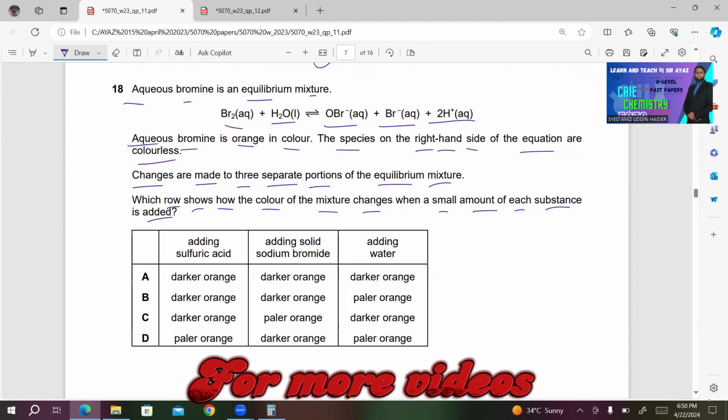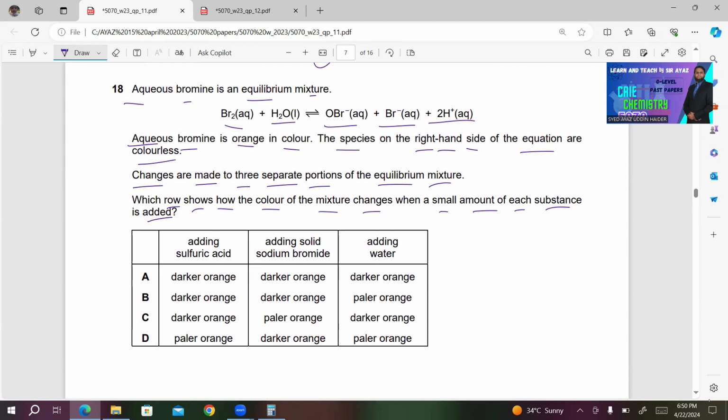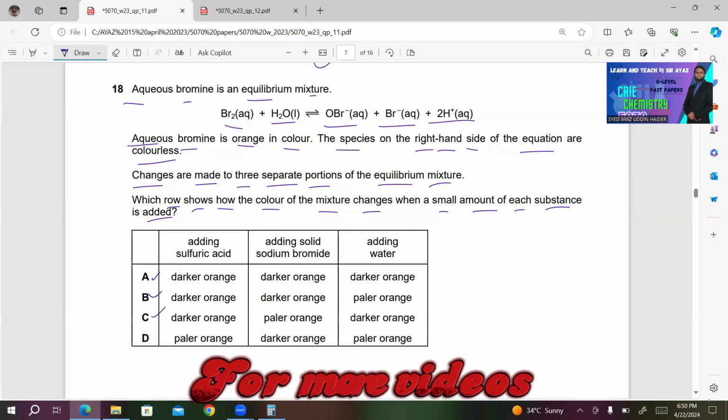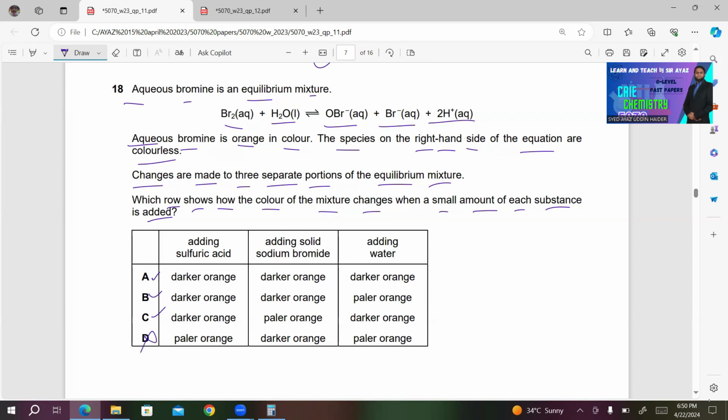So if you add sulfuric acid, what will happen? You are adding acid, which means the equilibrium will shift to the left-hand side, which means it will become darker orange in color. So A, B, C, one of these is correct. D is incorrect. Now I have narrowed down the choices. You have 3 choices now. What will happen if you add solid sodium bromide?